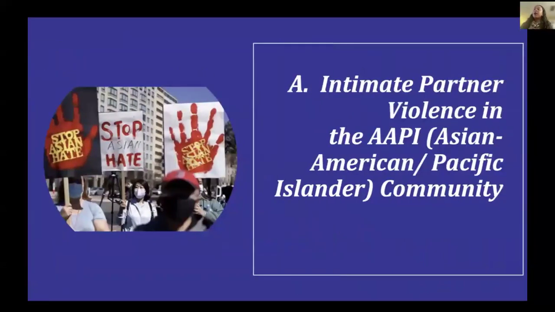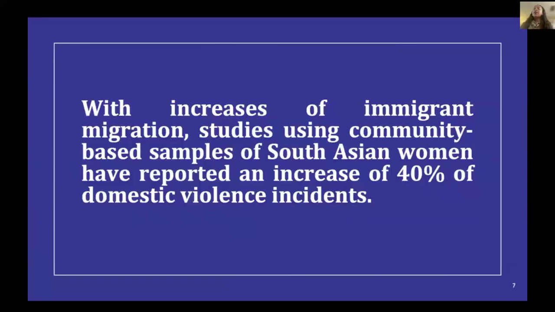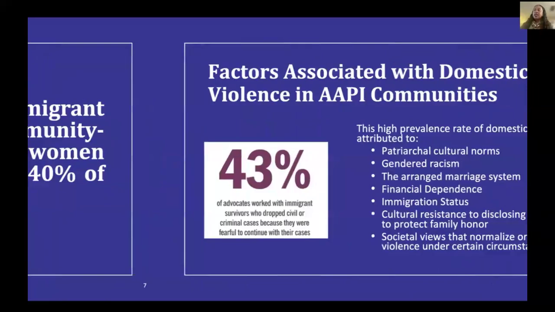So we're going to begin with intimate partner violence in the AAPI, the Asian American Pacific Islander community. With increases of immigrant migration, studies show that community-based samples of South Asian women have reported an increase of 40% of domestic violence incidents. That is huge.